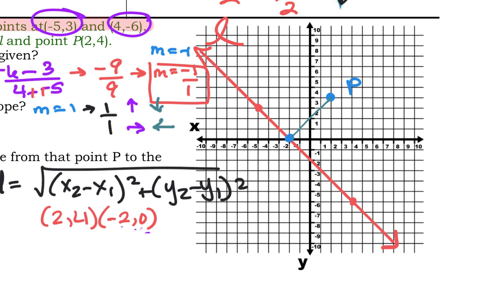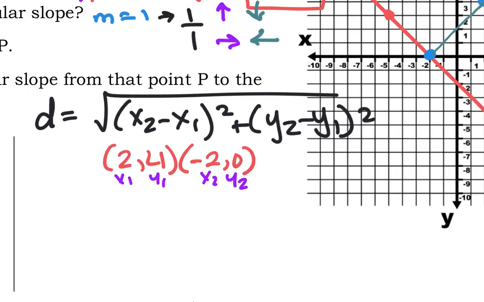You can see a little better. Okay, so if I plug, using these numbers in red, I'm going to plug this into the distance formula. If it helps you, go through, label x1, y1, x2, y2. All right, so what would I plug into this formula? How would I plug in my numbers? I would do the square root of what? What's your x2?